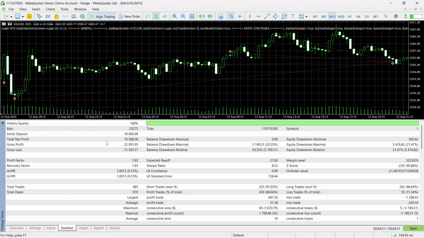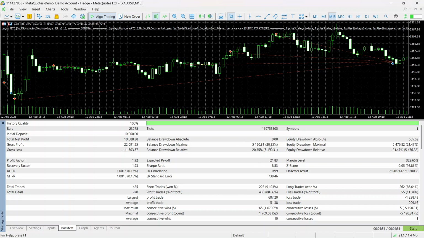Now my final net profit came in at around $10,600. Profit factor 1.92, lower than the 4.45 that they claim. Still okay. Profit trades 88, similar to what they claim on their backtest results.